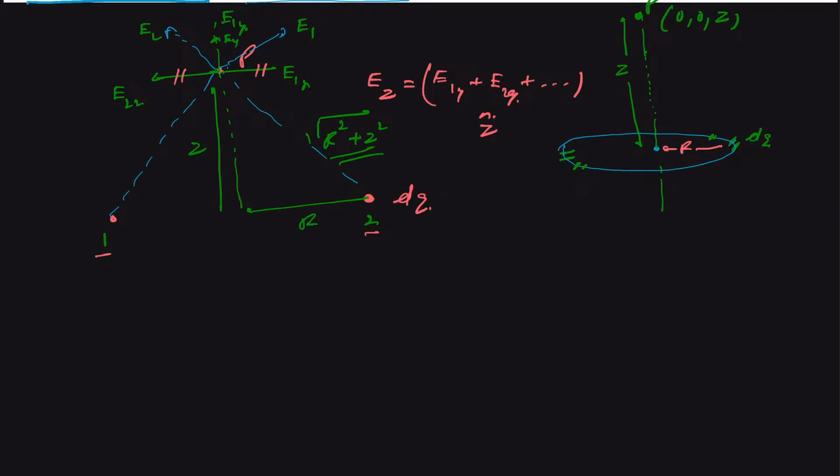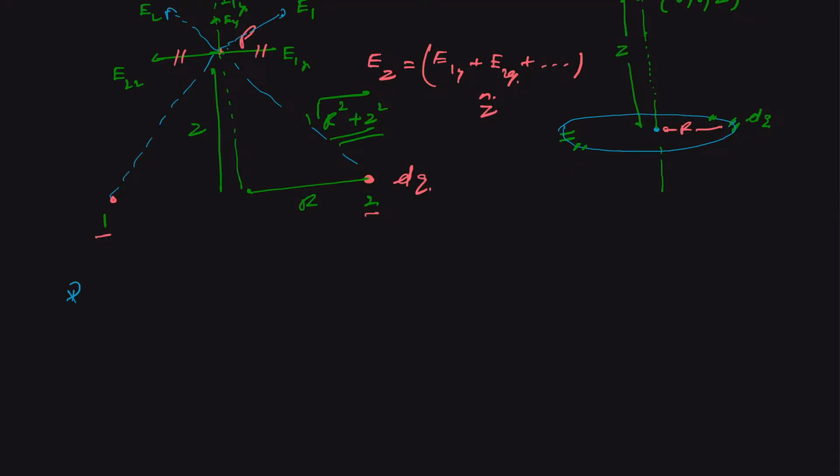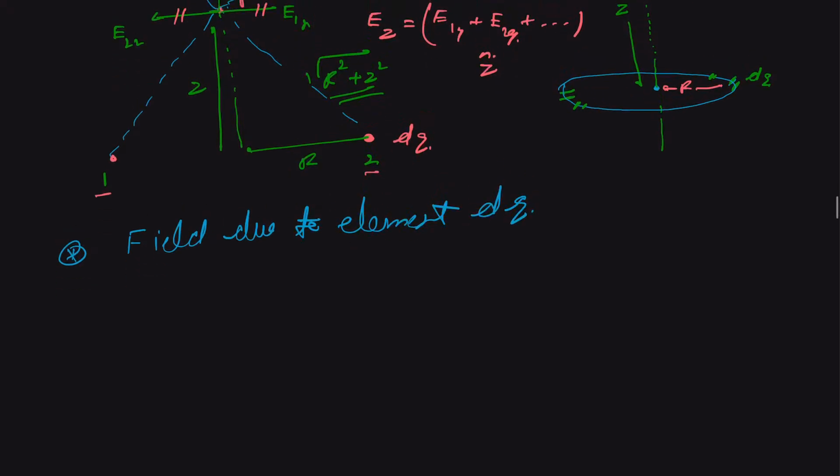Therefore, we can write the field due to element dq. This dq is at a distance r from point P, and that distance r is the square root of capital R square plus z square.